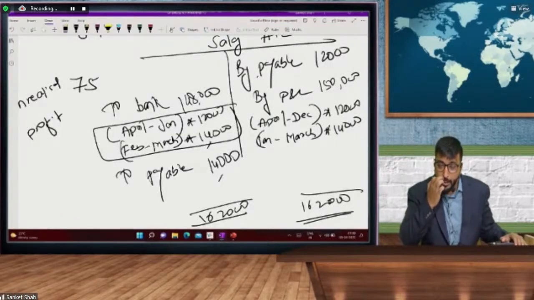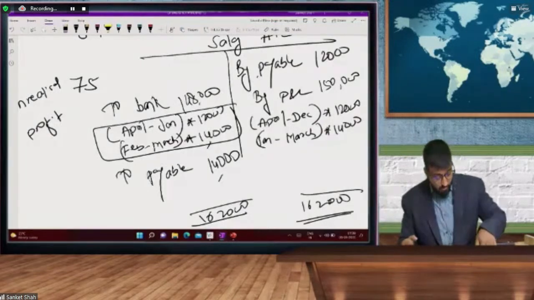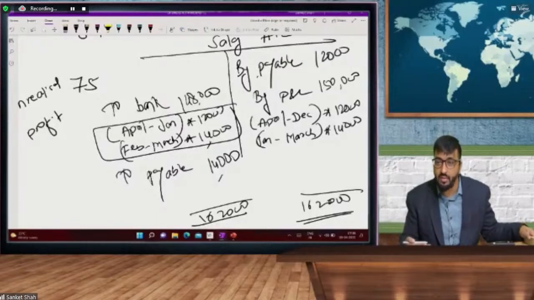And I already told you this concept. In single entry, we need it. At least write it down somewhere. Please prepare your own questions. Try to send them on the group. And please have a clear vision about all these questions.